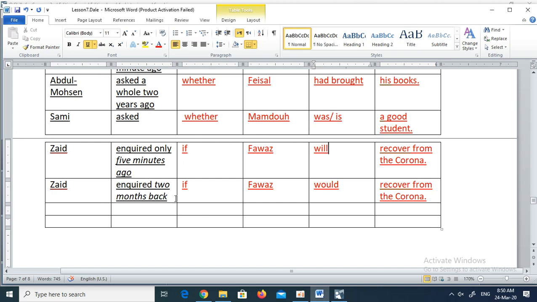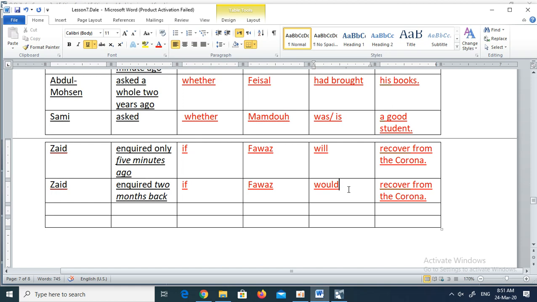Zaid inquired 2 months back. Put that verb inquired much further back into the past. So because that verb 2 months back is further back in the past than only 5 minutes ago, the verb in the subordinate clause also goes further back into the past.